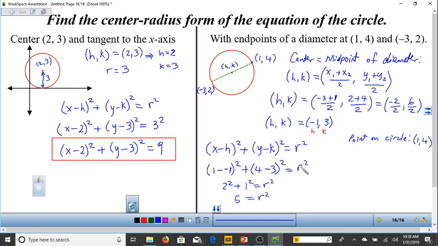And that means the equation of the circle in center radius form is x minus h, which is x plus 1, squared, plus y minus k, which is y minus 3, squared, is equal to r squared, which we just found out to be 5.